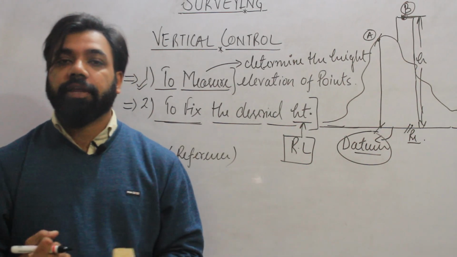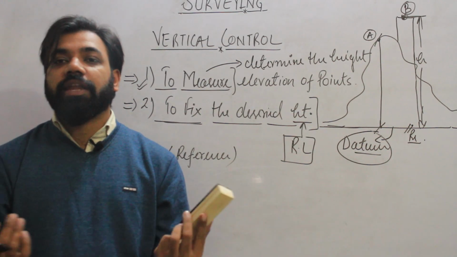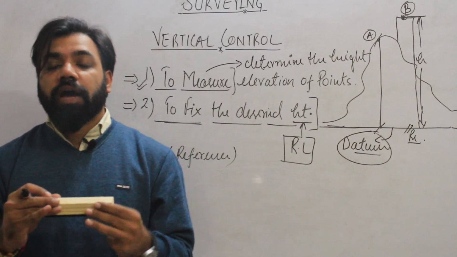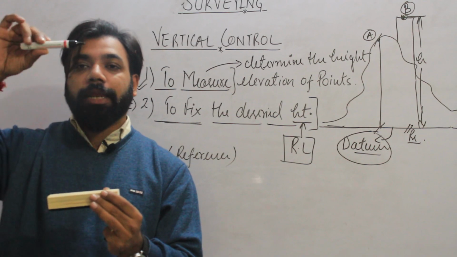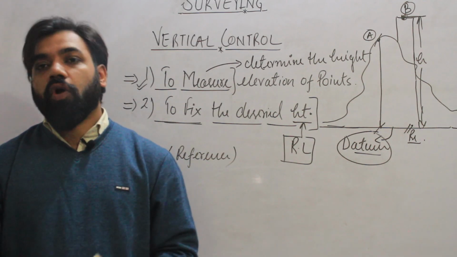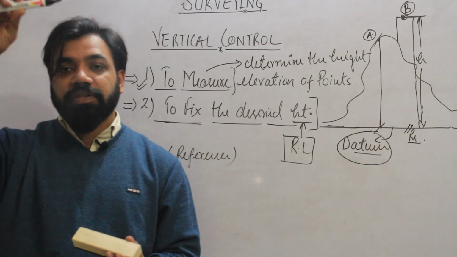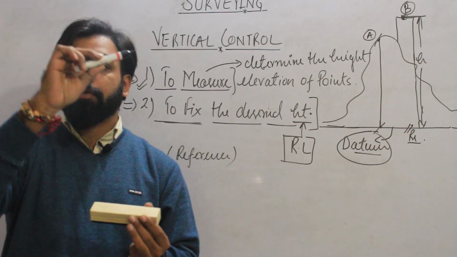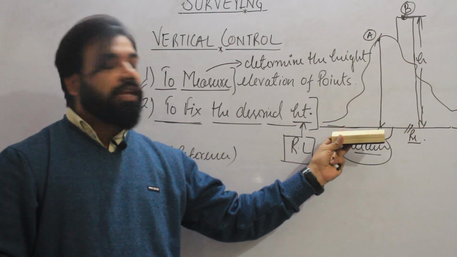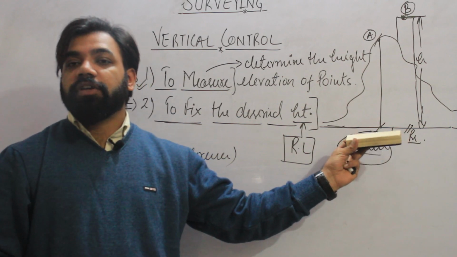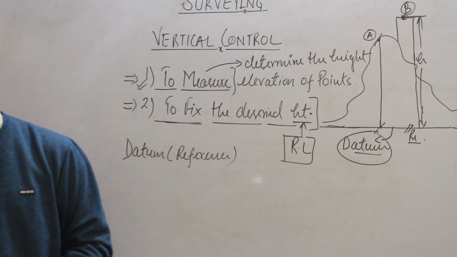So what is datum line? Datum line is that line from which we are taking our vertical heights of any point in a field or vertical heights of any building. So we are measuring the height of a building, or we are establishing the point from a certain level, and that level is known as datum or a reference level.